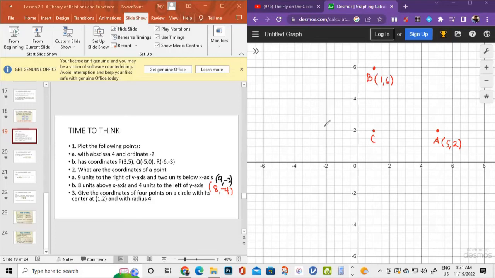Next, another point. Mula sa center to the left naman, horizontally. So, 1, 2, 3, 4. So, nandito naman yung isa pang point. Gawin natin point D. At ang coordinates niya ay -3, 2.